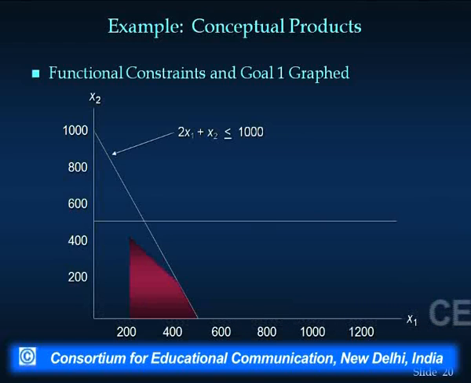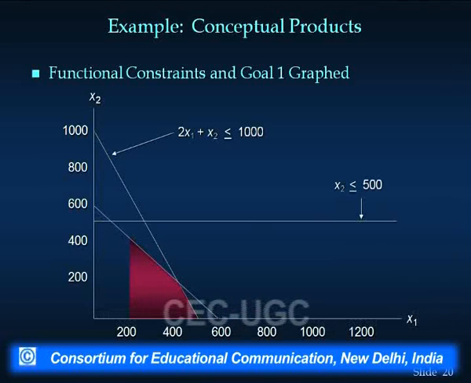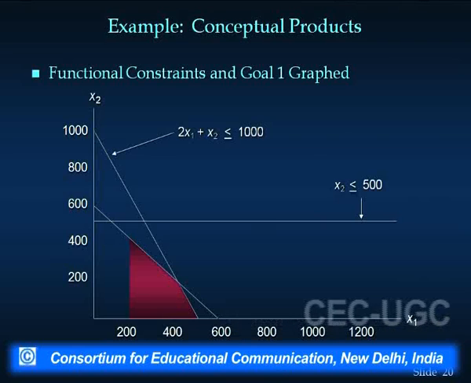And now x1 plus x2 should be less than or equal to 600. This will also be shown by a straight line. This is the third functional constraint. So these three lines and these functional constraints.